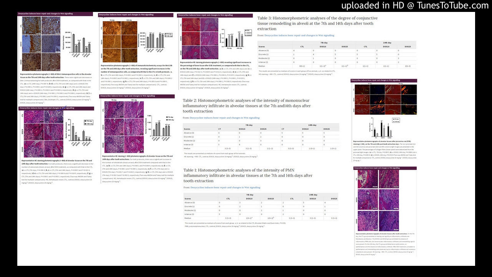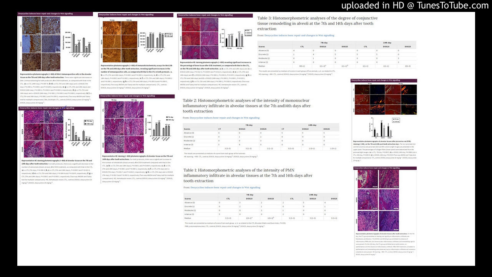C, D, versus CTL, 7th and 14th days, P equals 0.0005 and P equals 0.0001, respectively. E, F, versus CTL, 7th and 14th days, P equals 0.0002 and P equals 0.0001, respectively. G, H, versus CTL, 7th and 14th days, P equals 0.0056 and P equals 0.0003, respectively.